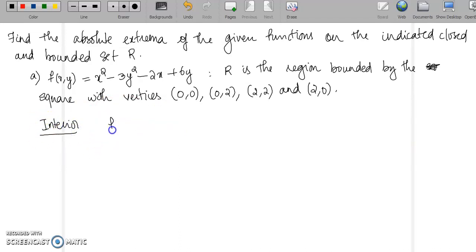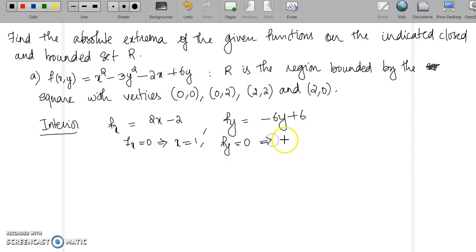For that, find fx. fx will be 2x minus 2 and fy is minus 6y plus 6. So fx equal to 0 gives x equal to 1 and fy equal to 0 will give y equal to 1. Therefore the critical point is (1, 1).